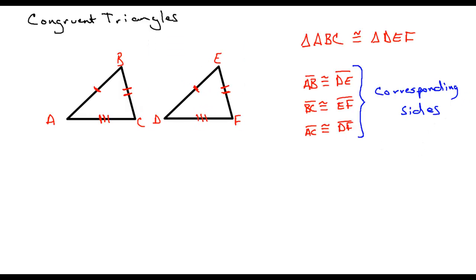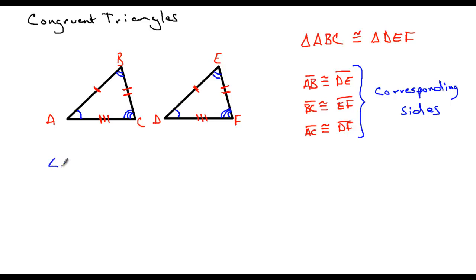Something else that is true when we look at this picture is that angle A is congruent to angle D. Angle B is congruent to angle E, and angle C is congruent to angle F. Those should have three lines, sorry. And we want to write that out.